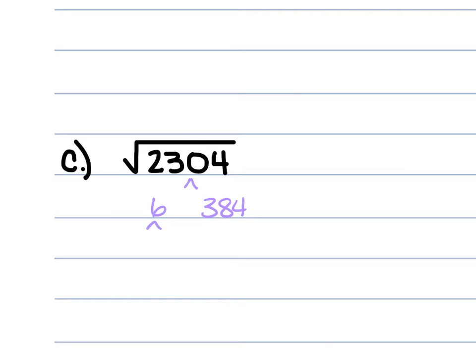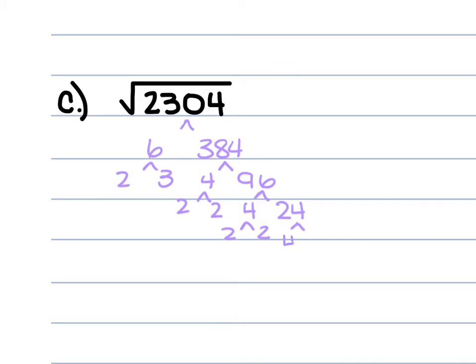The 6 is 2 and 3. The 384 is 4 and 96. The 4 is 2 and 2. The 96 gives us 4 and 24. The 4 again is 2 times 2. The 24 is 4 and 6. The 4 is 2 times 2. The 6 is 2 times 3.